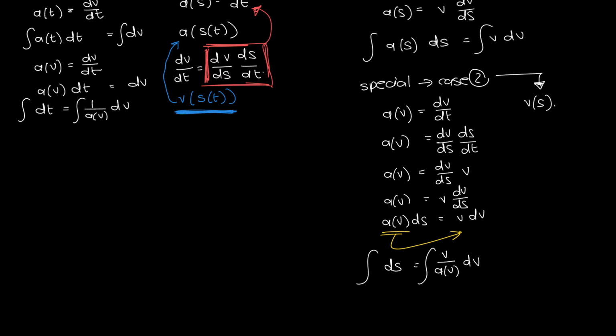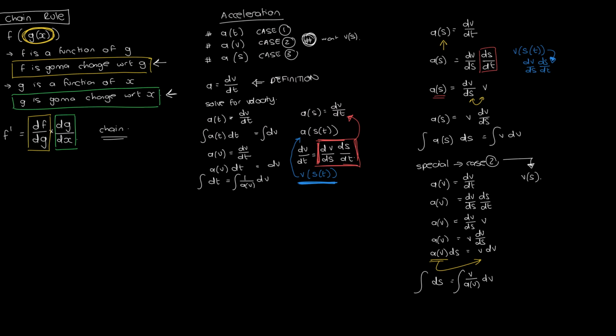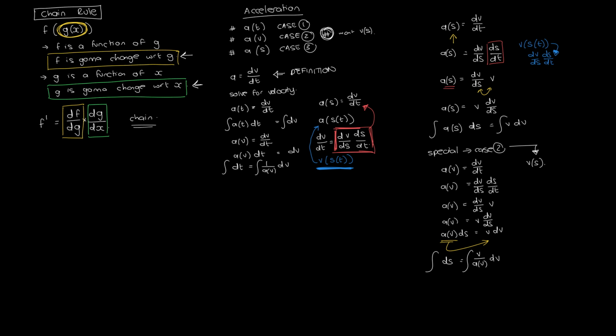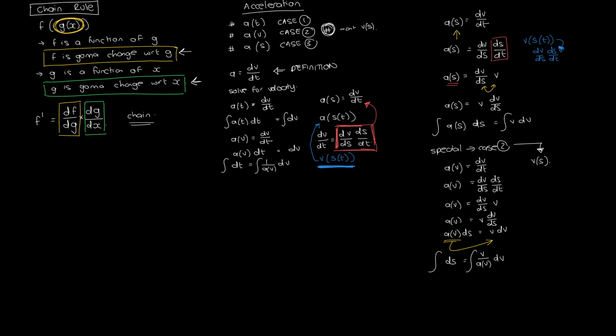Okay, so let's zoom out and recap. We're going to use our chain rule when it comes to specific acceleration cases. Our chain rule is basically, if you take the derivative of f, you want to find the rate of change of f, it's the rate of change of f with respect to its inner function, multiplied by the rate of change of the inner function with respect to its input.